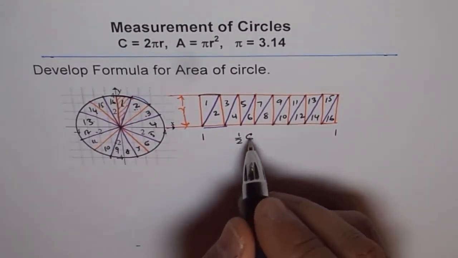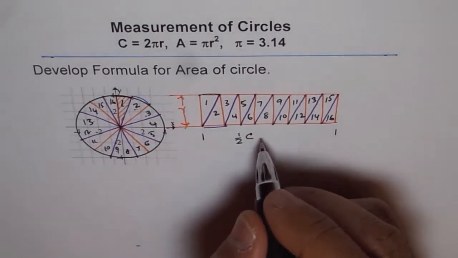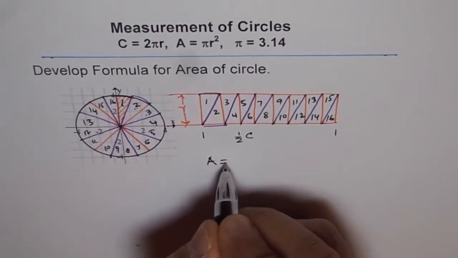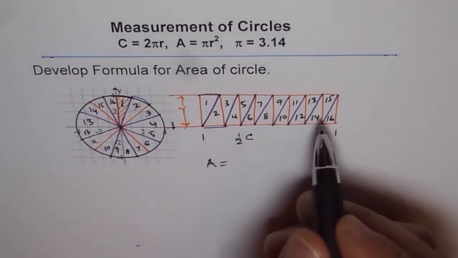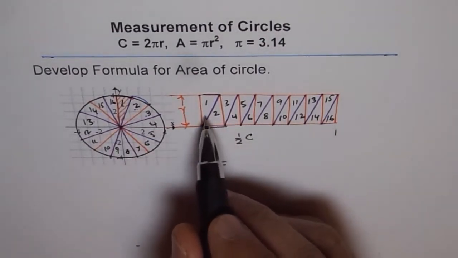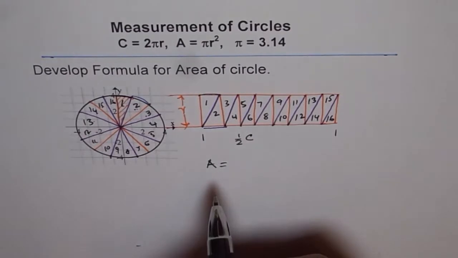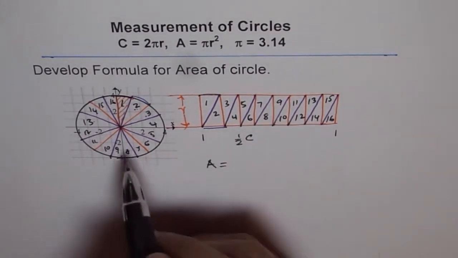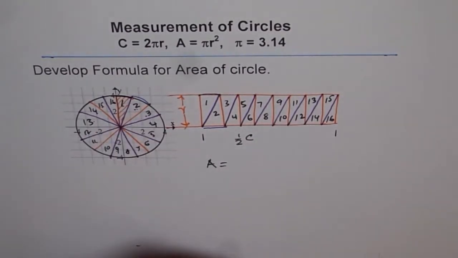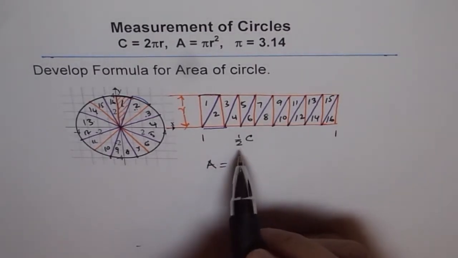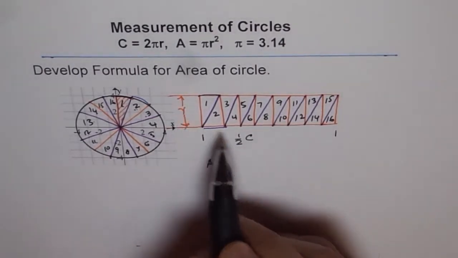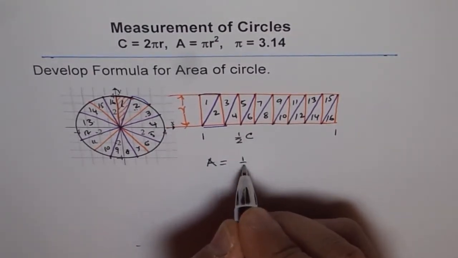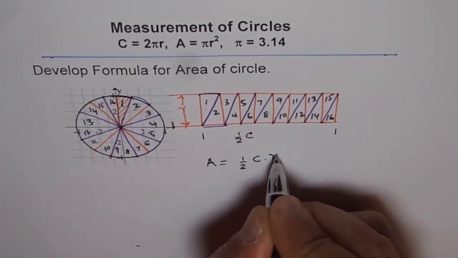Now, if this is half of circumference, then I can write the area of the whole thing because I've put all these 16 triangles together. So the area of these triangles together is the same as the area of the circle, correct? Therefore, I can write area, now this is a parallelogram, with r into half c. So half of circumference times radius.